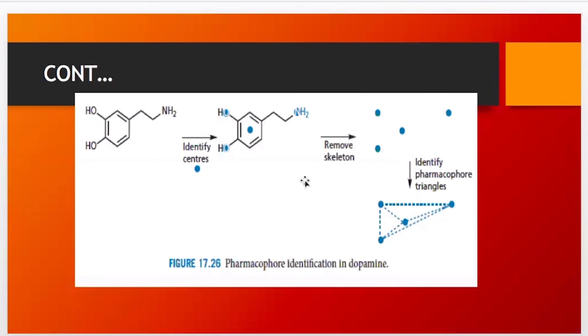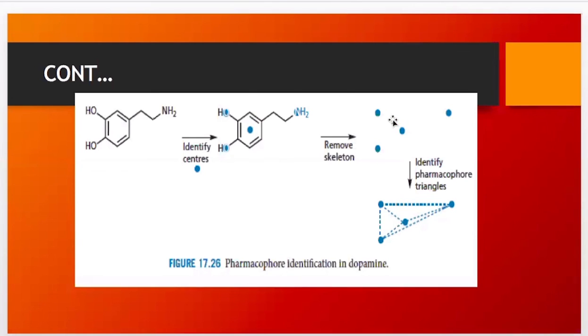After that, for you to visualize it well and identify the pharmacophore, you need to remove the skeleton. So you remove all of these, and just remain with those four dots, okay?